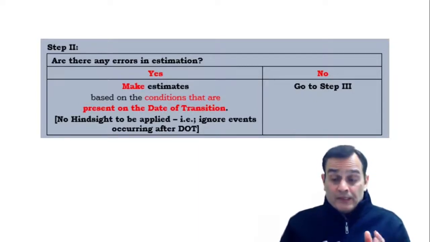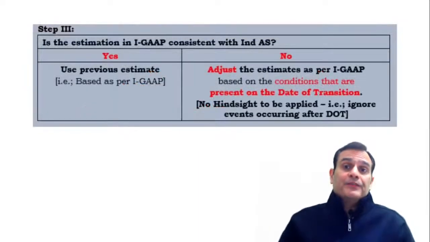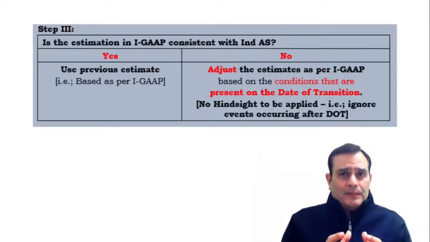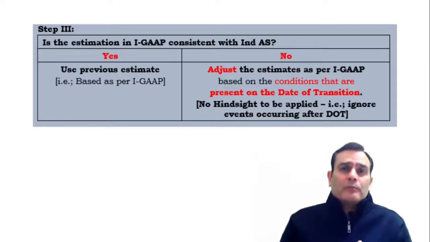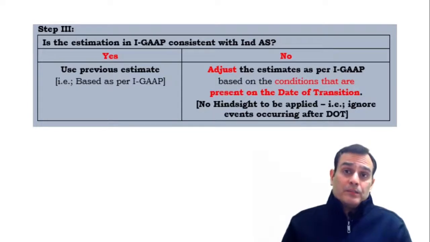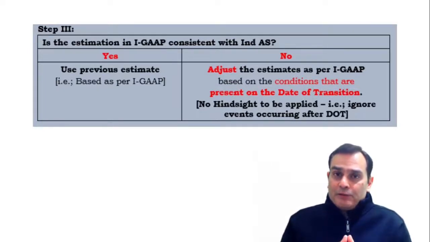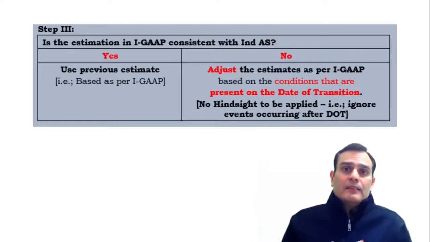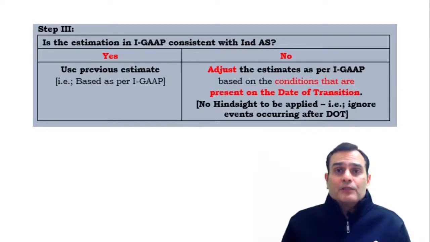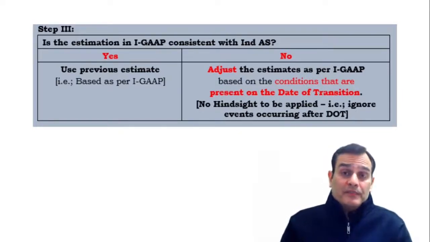Now comes the third step, and that is when you said that we made estimates and we did not make any errors in those estimates, then it's time to see whether those estimates made in the previous GAAP are consistent with Ind AS or not. Now here again, there would be 2 situations, either a yes or no. So if you say that it is absolutely consistent with the Ind AS, then you can directly accept the previous estimate. There is no need of making any kind of changes to the estimates made in the previous GAAP.